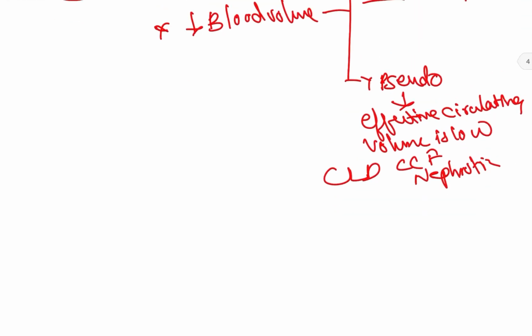There is another condition where ADH is in excess. Normally, ADH is secreted when there is an increase in serum osmolality. However, when ADH is secreted inappropriate to osmolality, that is, when osmolality is low and ADH is still secreted, it is called SIADH, the syndrome of inappropriate secretion of ADH.